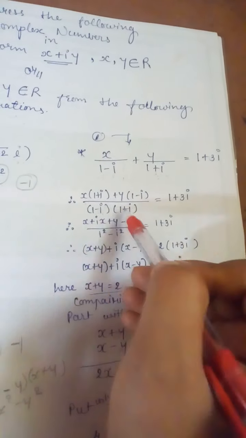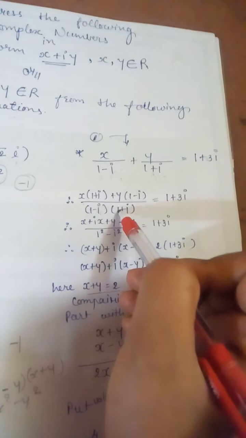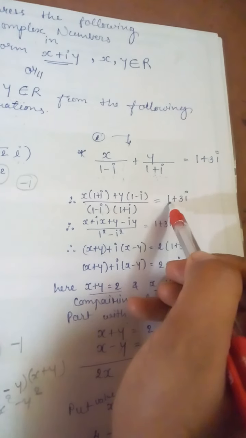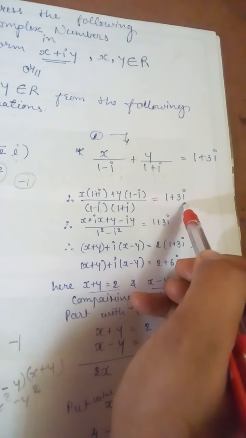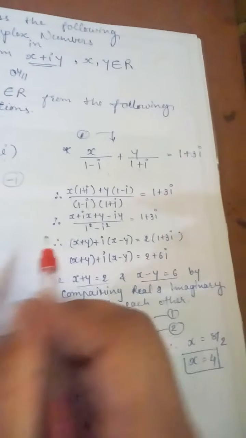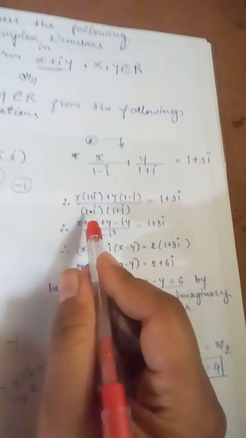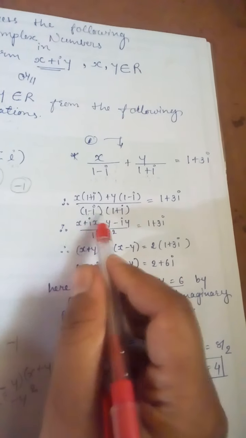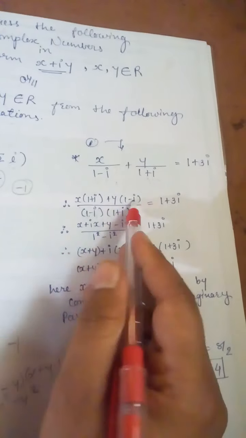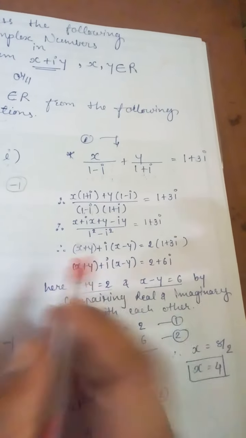And this result comes to the multiplication of 1 plus 3i on the other side of the equal sign, and it results in 1 square minus i square.